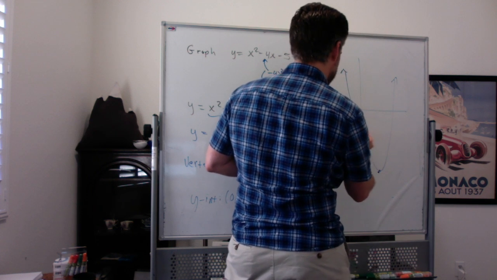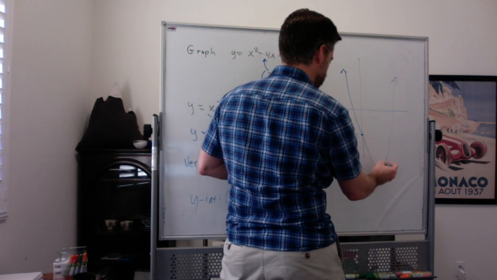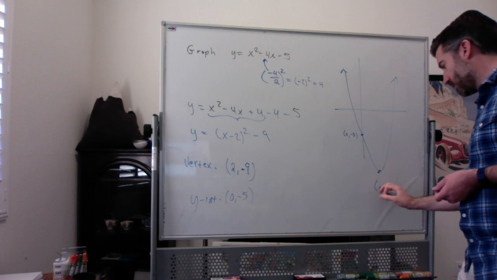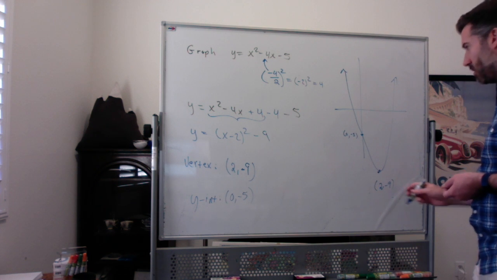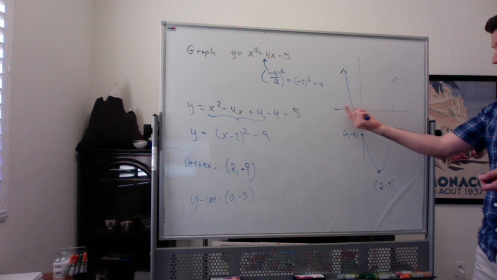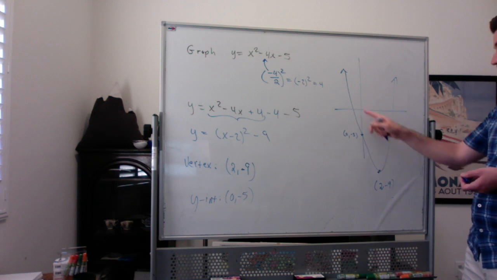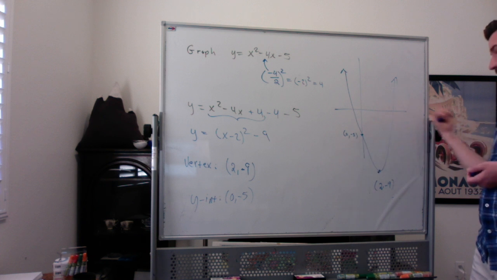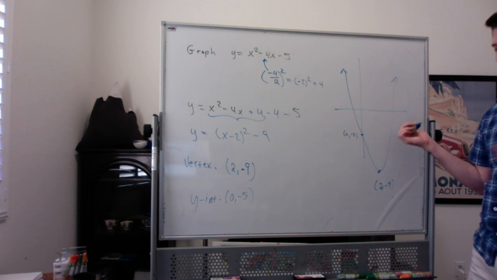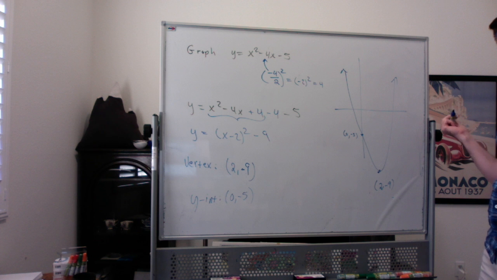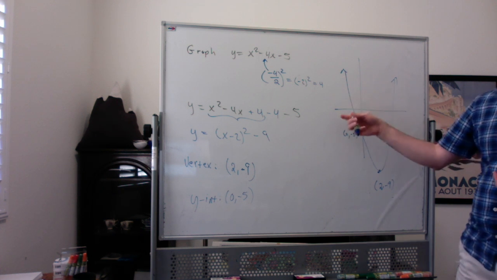Something I failed to say in class, but is definitely true, is that our vertex is at 2, -9. That means our x-intercepts are going to be equally to the left and right of 2. So they could be like at -1, which is 3 to the left, and +5, which is 3 to the right. Or some other choice of numbers. However far it is to the left is also the same amount to the right.